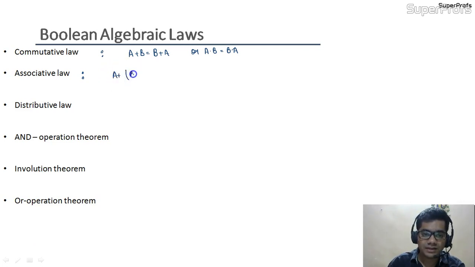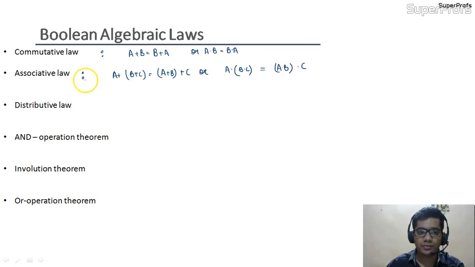A plus (B plus C) would be equal to (A plus B) plus C. Or we can write for dot product also. So it would be A dot (B dot C), which is equal to (A dot B) dot C. So these are commutative and associative law.